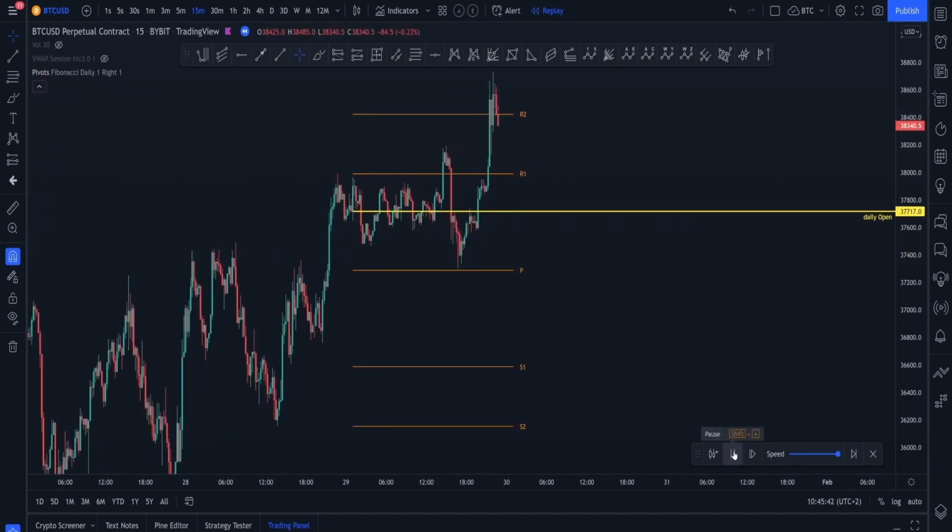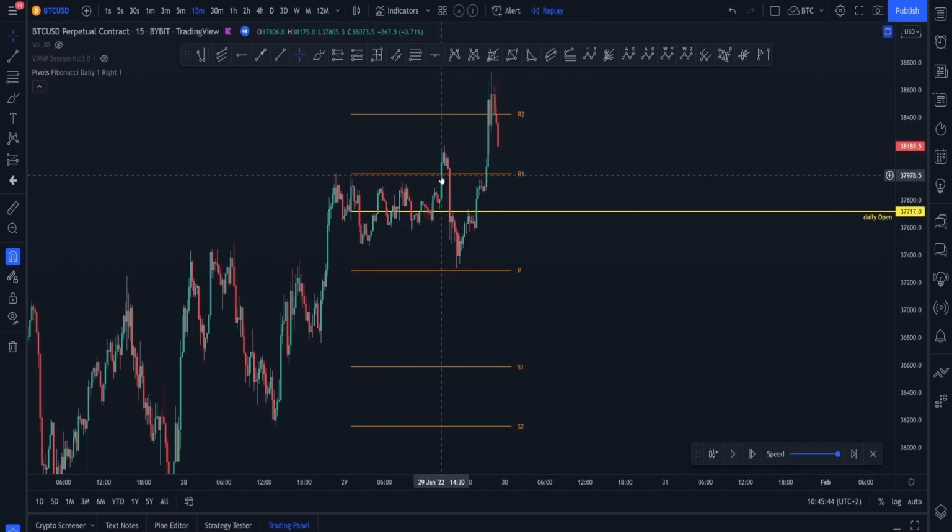As we can observe, price initially went up towards the first resistance pivot, and after a short deviation, ended up rejecting from this level and traveling all the way down to our P center pivot.